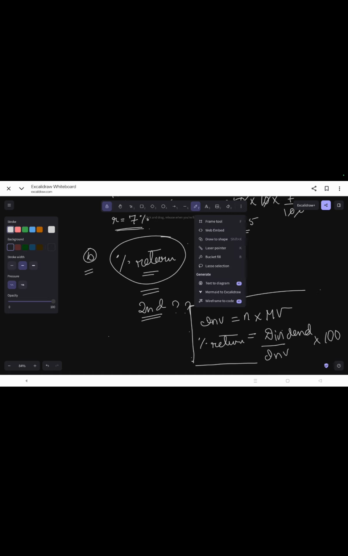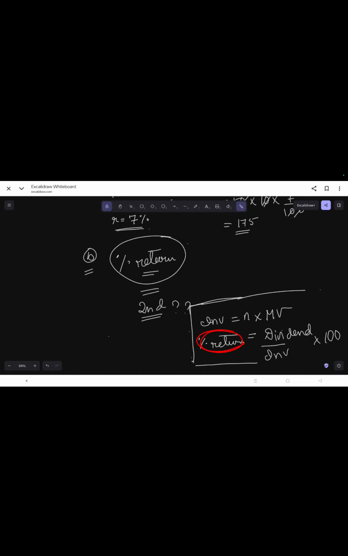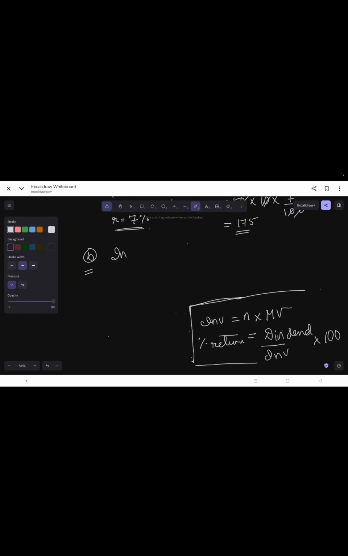Now to find the percentage return we need the dividend, which we already found. Now we need the investment. How do we calculate the investment? By the formula investment equals N into MV.